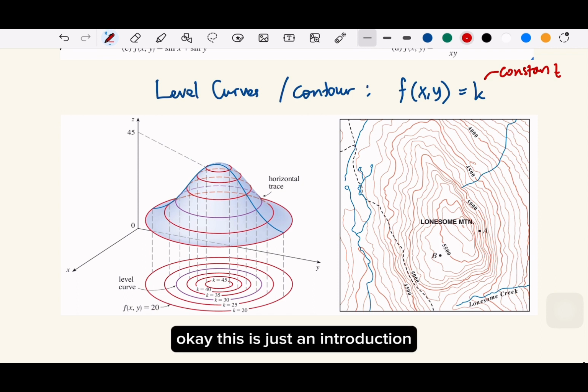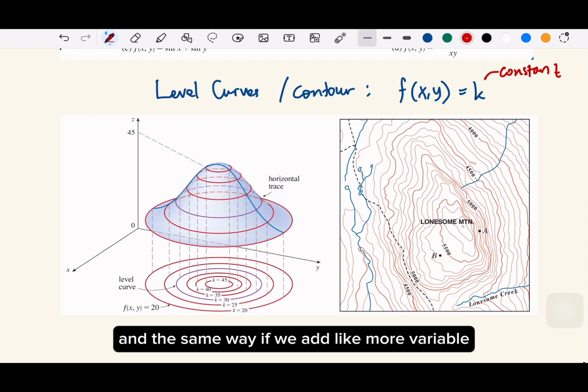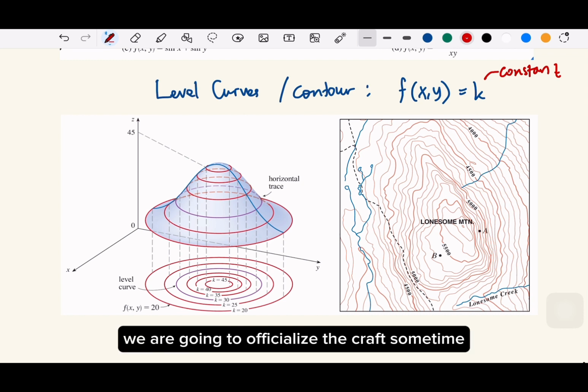This is just an introduction. In the same way, if we add more variables, for example we can write three variables, f(x, y, z), it's also possible, but the more variables we add, the more difficult it is to visualize the graph.